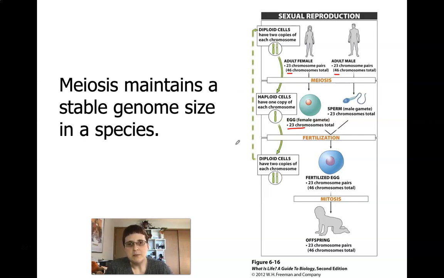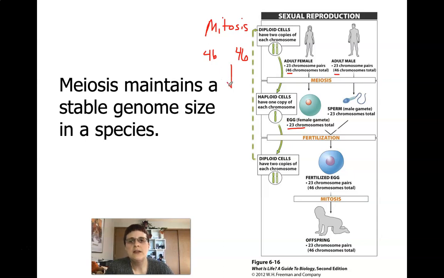I'm going to do some math along the side over here. If we did mitosis instead, so here we start with 46 and 46 for the male and the female, right?